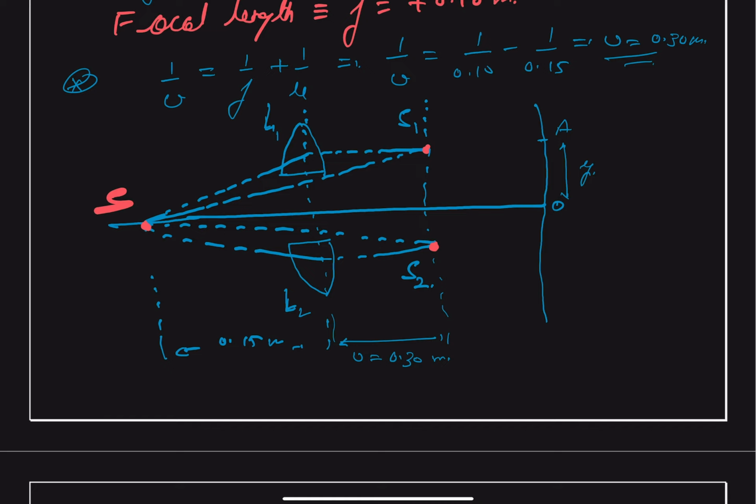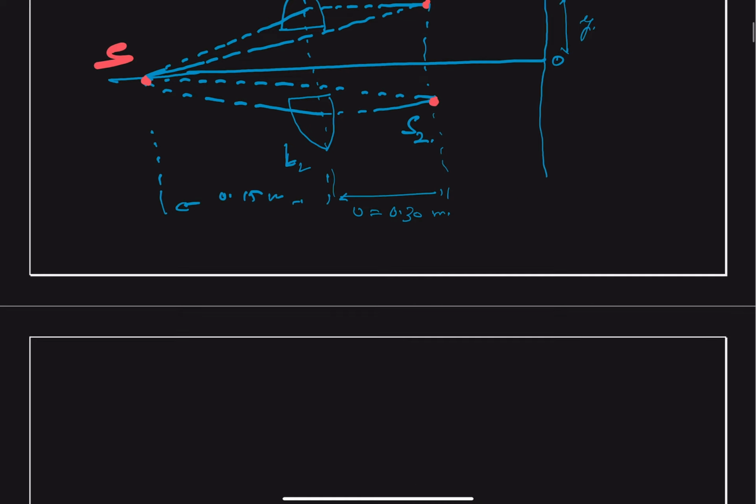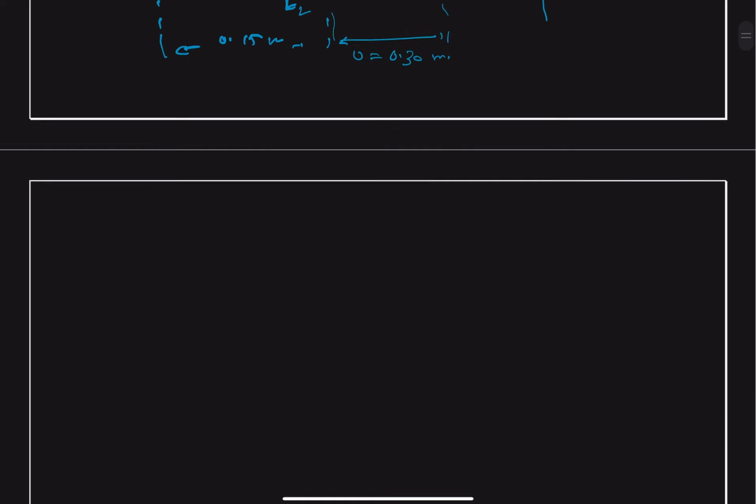Now let's find out what will be the magnification and image separation. Image separation means we have two images, S1 and S2, so what will be the distance between the two images?